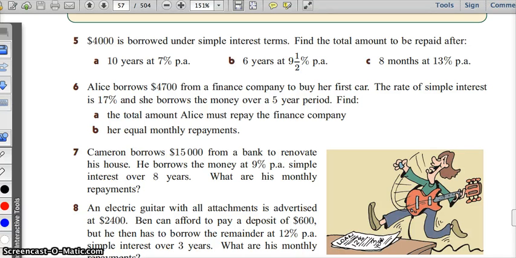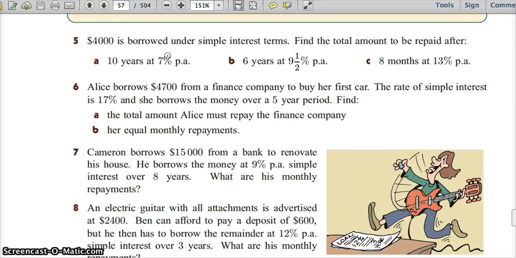This is an example where $4,000 is borrowed, that's P. Under simple interest terms, find the total amount to be repaid after 10 years. So they're asking for the total amount.